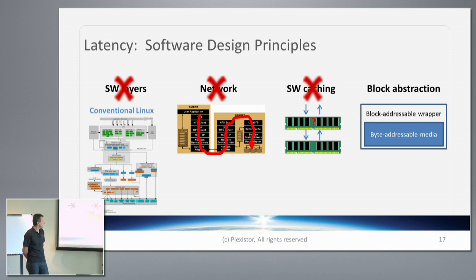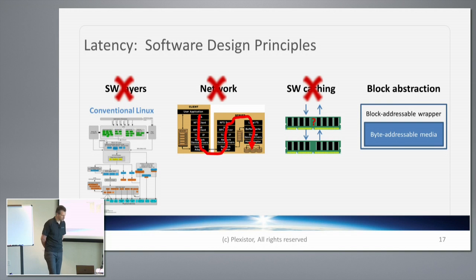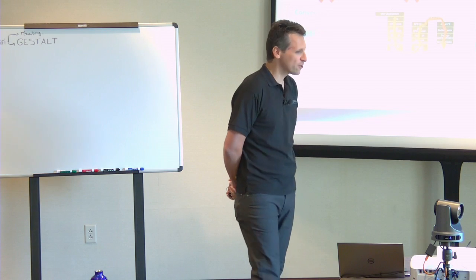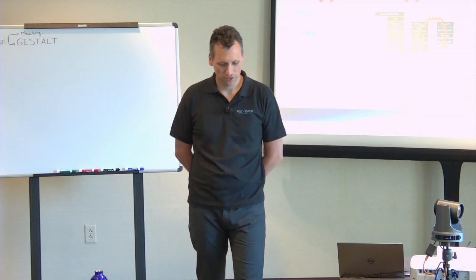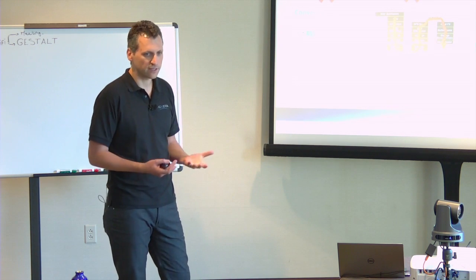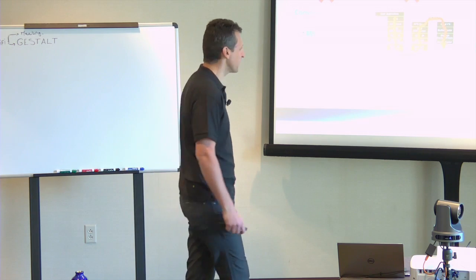And finally, the block abstraction, which is very, very fundamental to all storage solutions today, except the ones I'll show in the next slide. Basically, all the commercial storage solutions out there today are based on the fundamental assumption that there's a block layer underneath them.